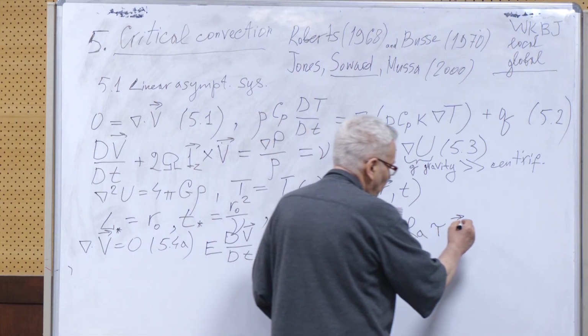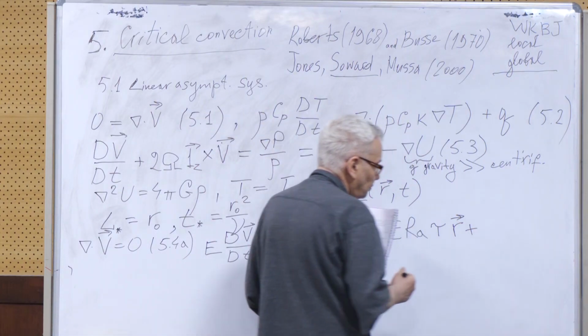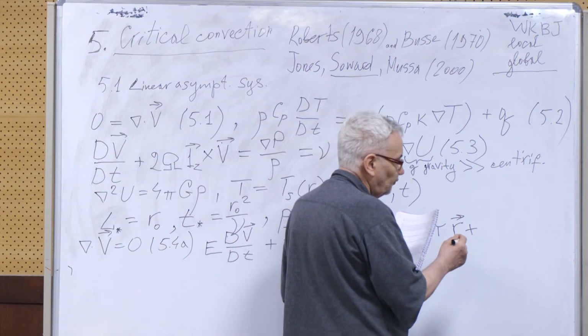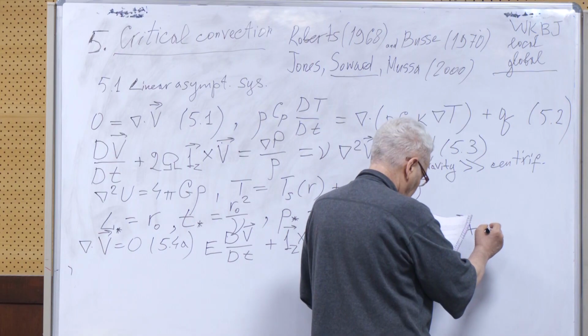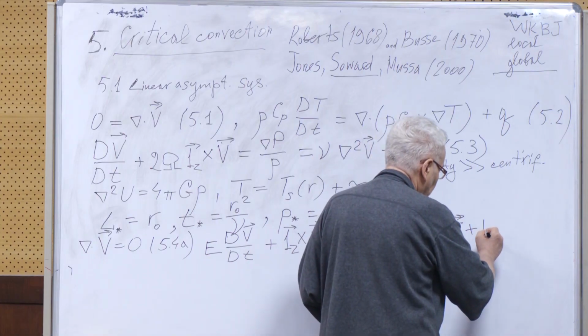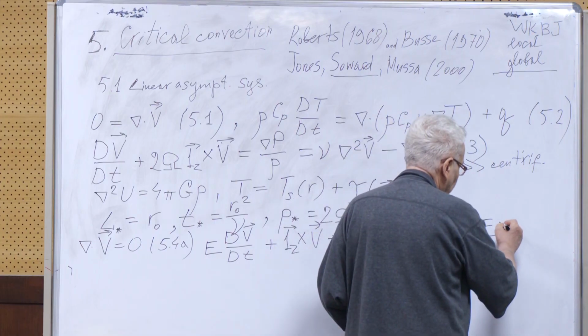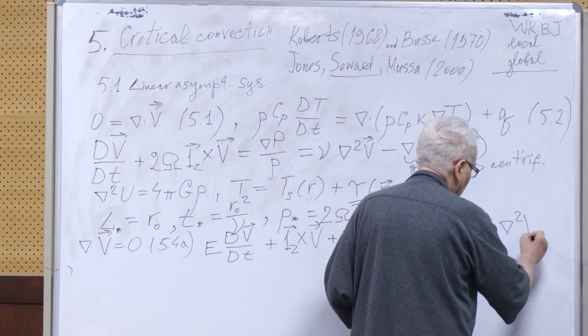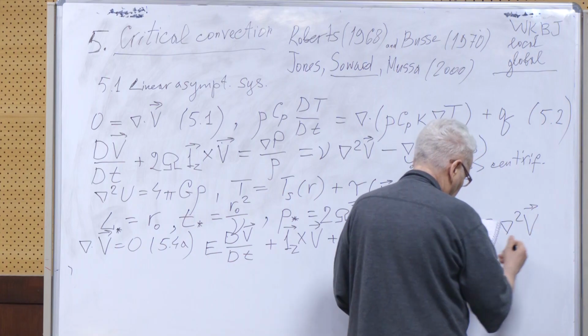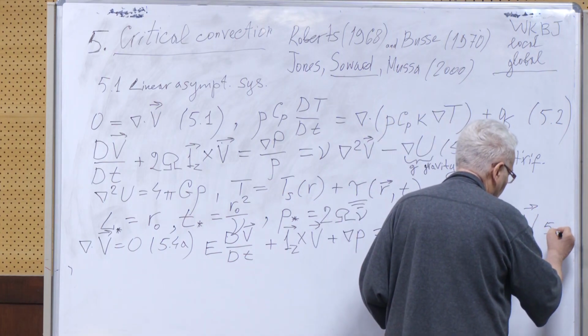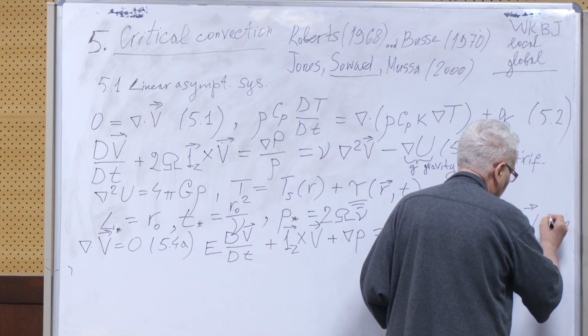The final term, but perhaps the most important one, because it actually produces the influence of the boundary condition of the flow, is the viscosity term, which in these non-dimensional units becomes like that.